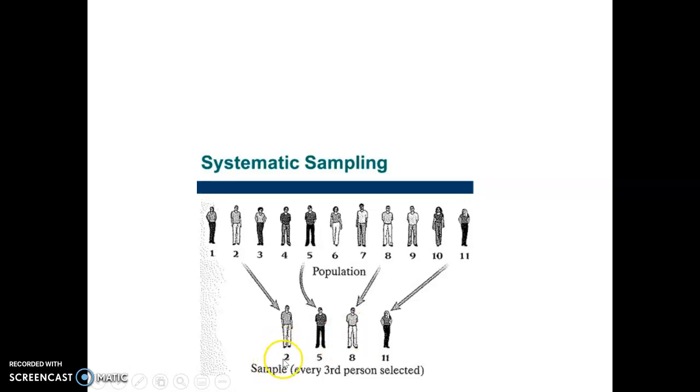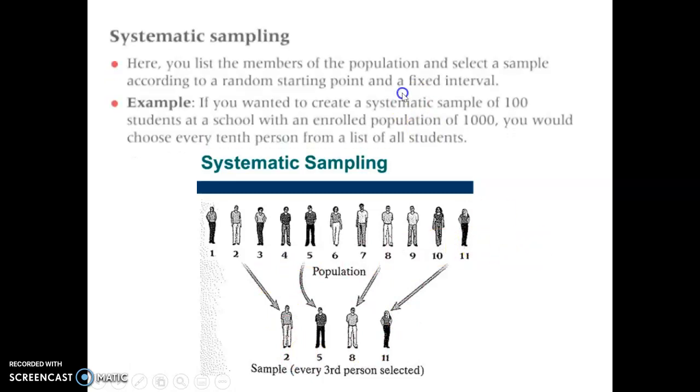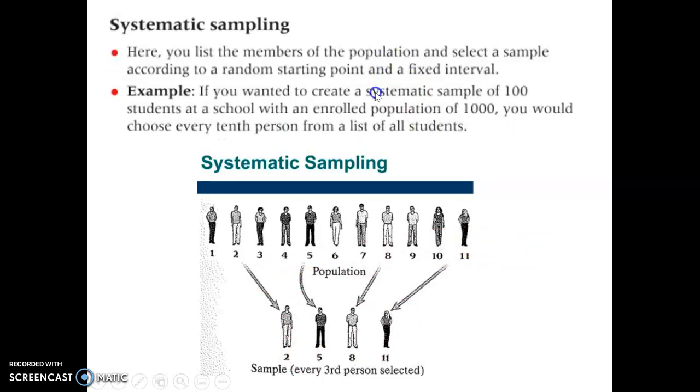So we begin at some number and then use a fixed interval to select our sample from the whole population. So please read this definition once again and this example and come up with your own example. All right, once again, I hope everything makes sense and you have come up with a good example.